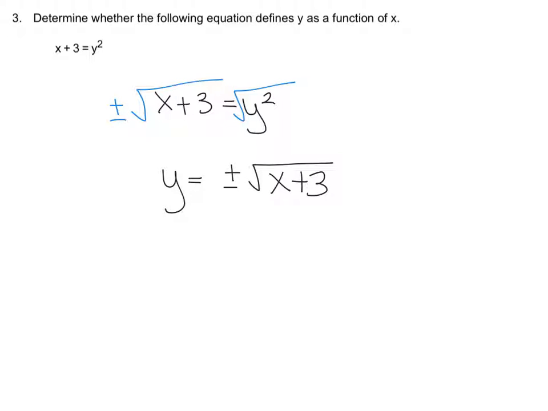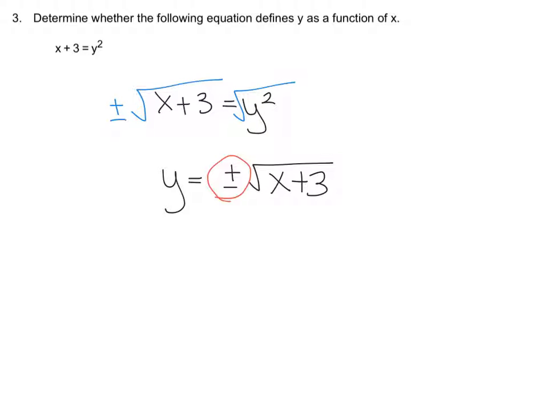Now, the equation defines y as a function of x if for a value of x we only get one value for y. But this plus minus sign means that we could potentially have two values for y when we plug in a number for x.